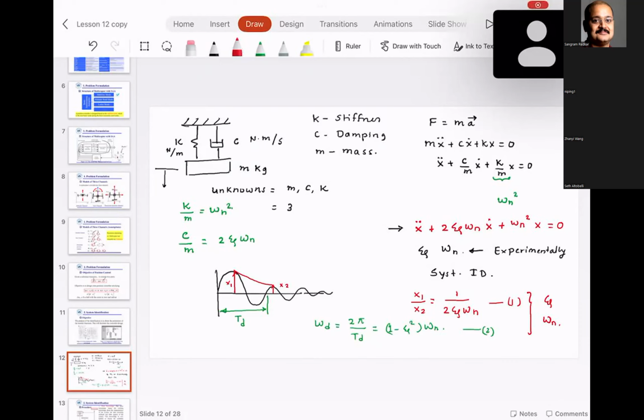So what it means is by performing some experiments on a simple system like spring, mass, and damper, you can identify the dominant characteristics. And once you know that, this equation is completely known.